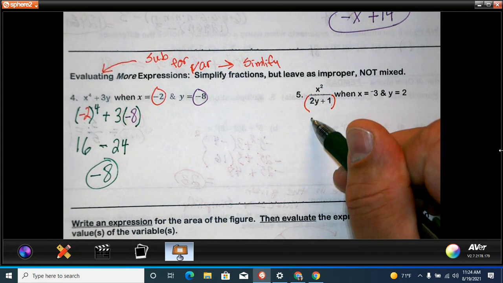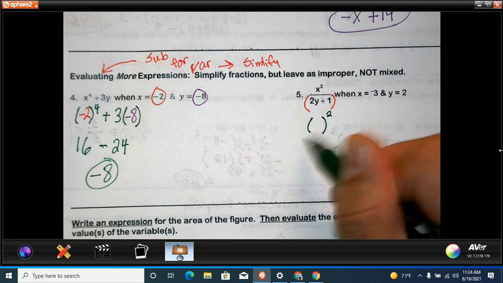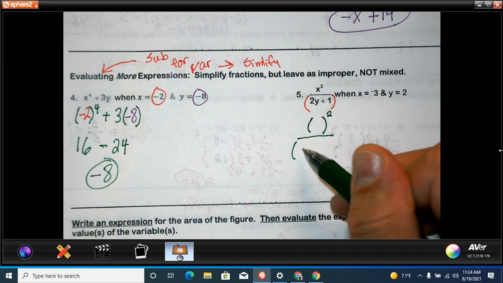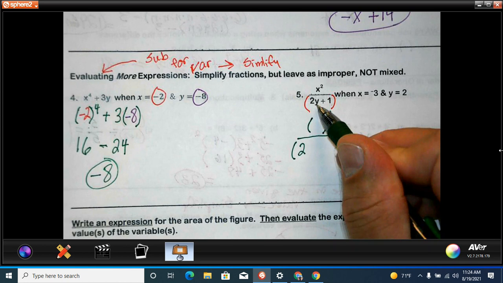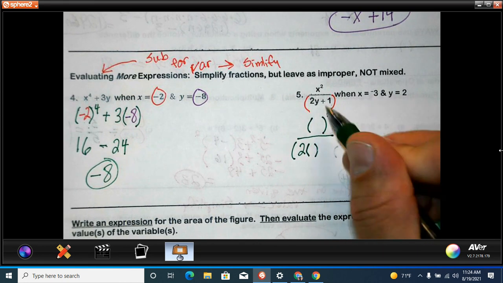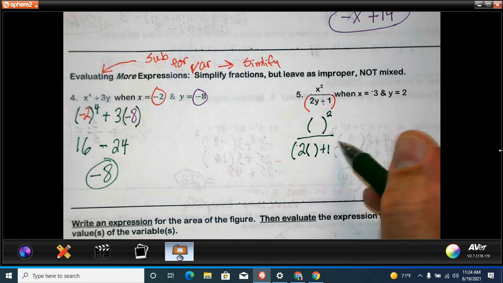So I have x squared divided by parenthesis 2. Now I got a variable here, so I'm going to put in another set of parentheses, plus 1, and close off that parenthesis.